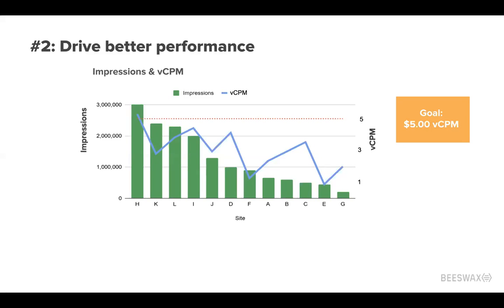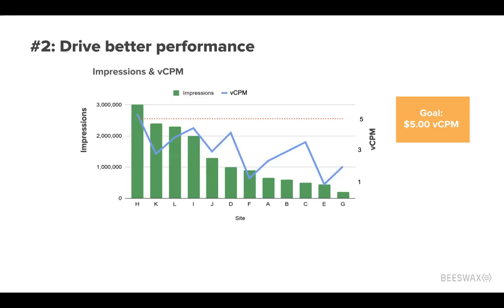You could replace this slide with a different KPI. The way to read this slide is: on the y-axis on the left, I have the impressions that I've delivered on my campaign. On my x-axis, I have the different sites. And on the y-axis on the right, I have the VCPM for those sites.